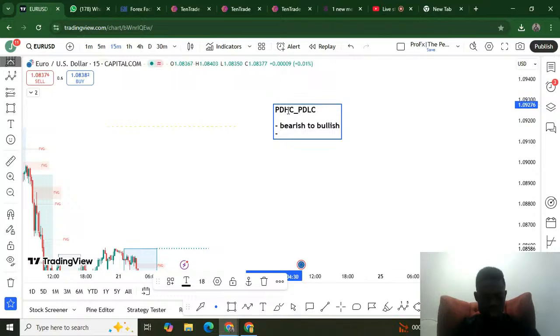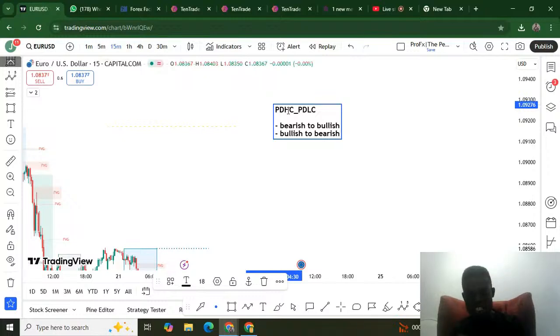Second variant, we have the bullish to bearish. What this means is that the previous day was bullish, meaning we opened below and closed above. That's a bullish candle.